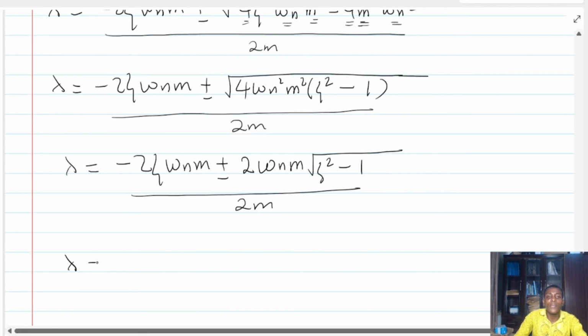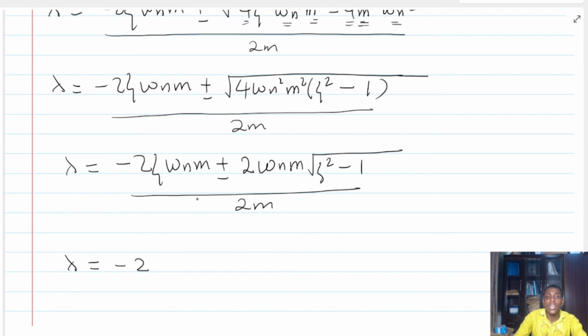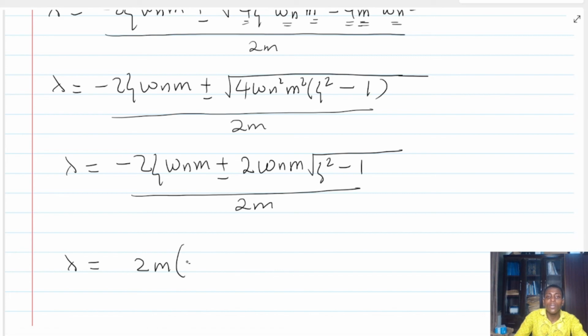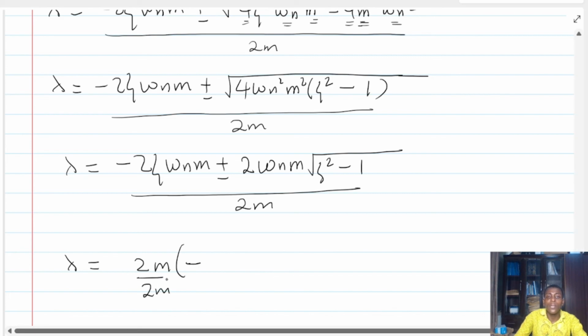Clearly, we can see that this m, so if I factorize again, I'm going to do 2. We'll come here, so I have 2m, and then I'm going to get, okay, so 2m divided by 2m, then I'm going to get minus zeta omega n plus or minus, so 2 and m are out, so I'm going to get omega n root of zeta squared minus 1, and that is it.